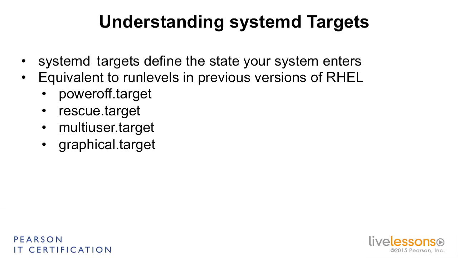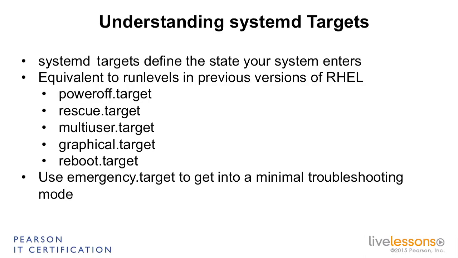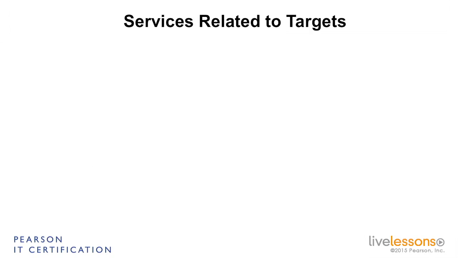There is graphical.target, which does start a graphical user interface as well. And there is reboot.target, which brings your computer to a reboot. And also there is emergency.target, which is an even more minimal mode than rescue.target. We will see some of these targets shortly and we will see the differences between them.